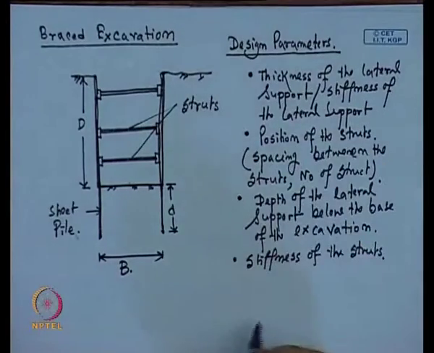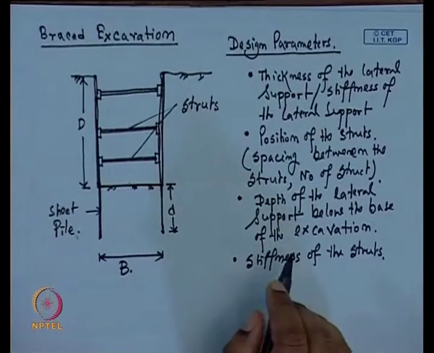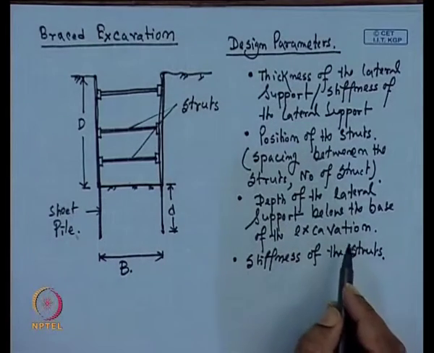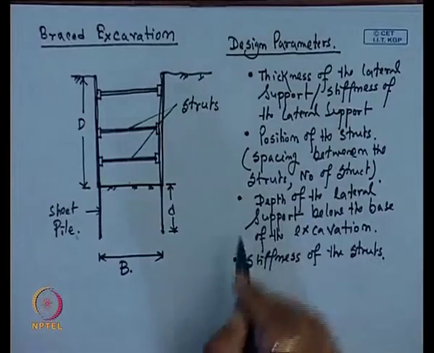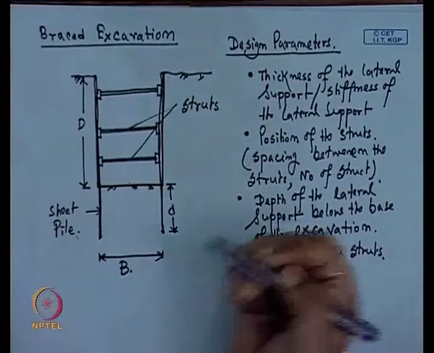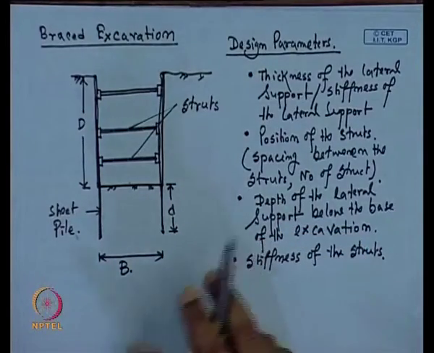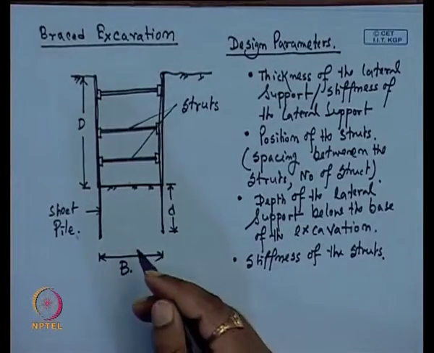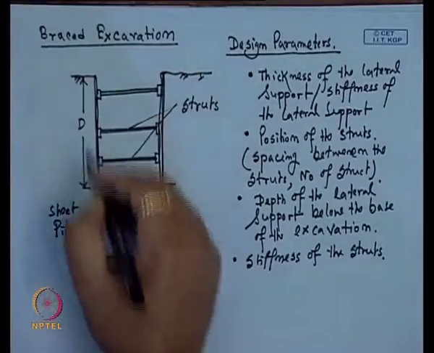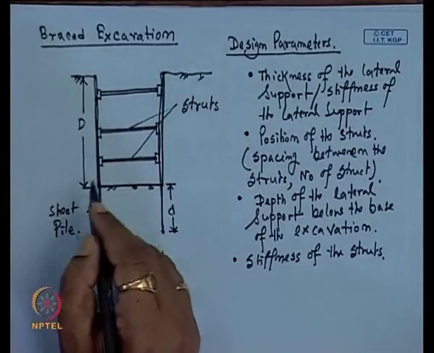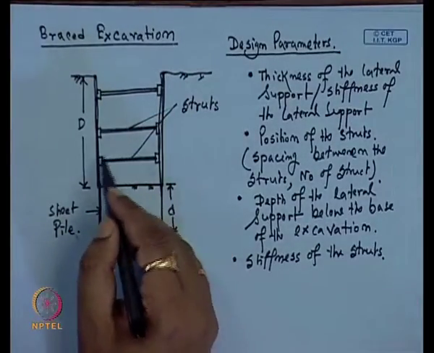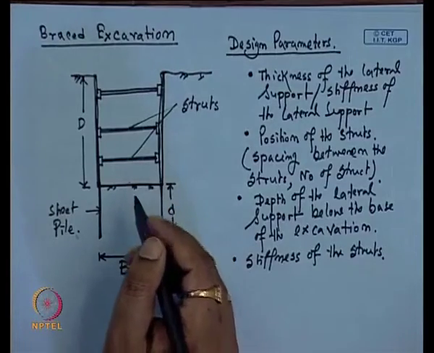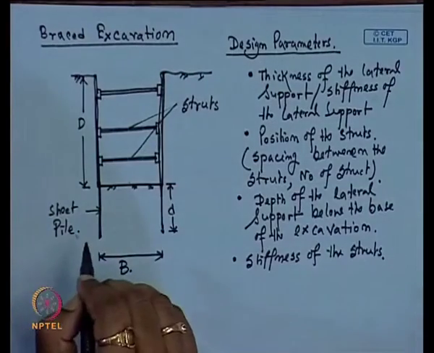So, these are the things we have to decide during the design. What would be the position of the strut, what would be the spacing between two struts, what would be the number of struts. That depends on this depth d; depending upon this d, we can design the number of struts and the spacing between the struts.